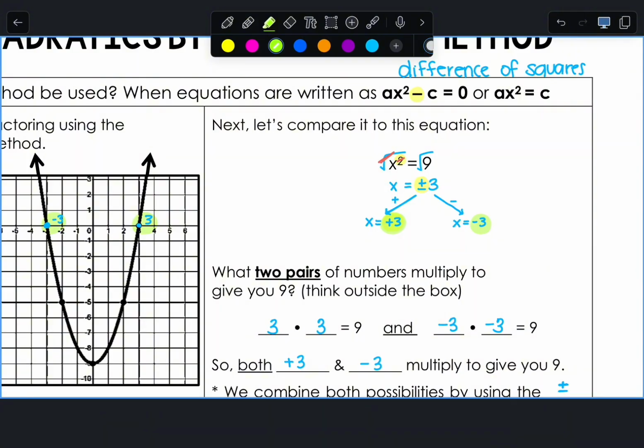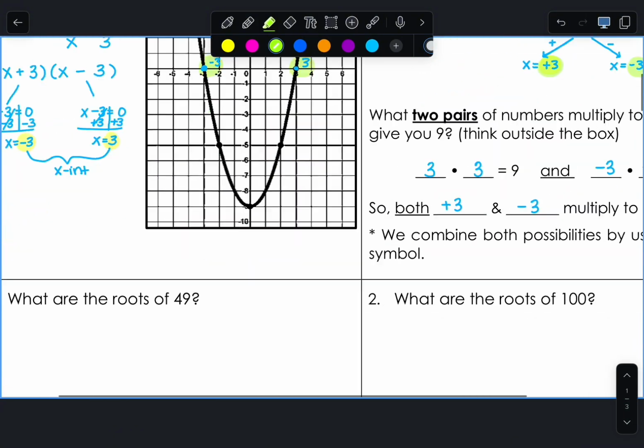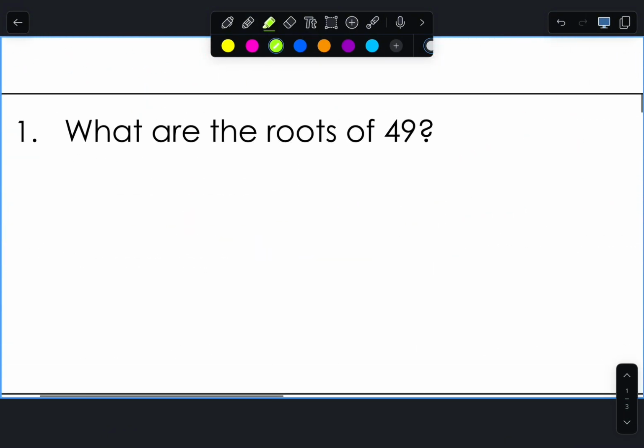Okay. So, keeping that in mind, when we're asking for the roots, we're asking for the x-intercept. Roots are another word for the x-intercept. But what are the roots of 49? 7 and negative 7.